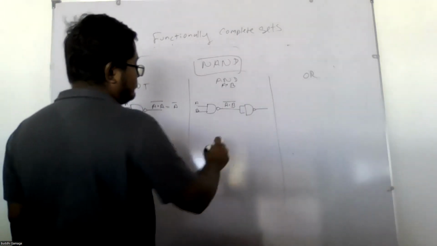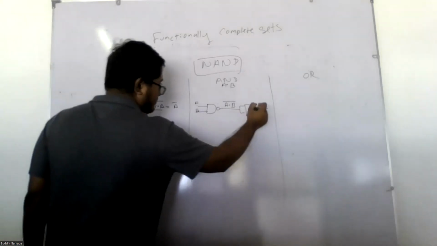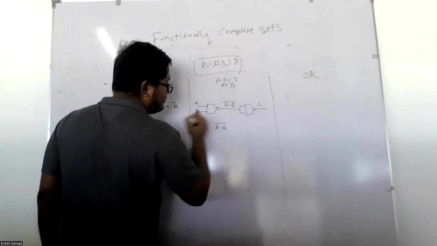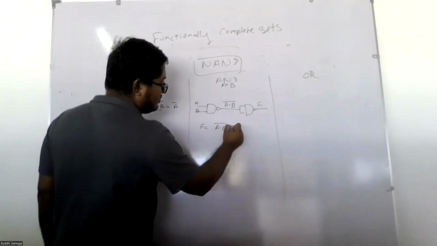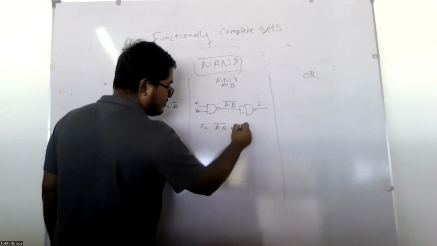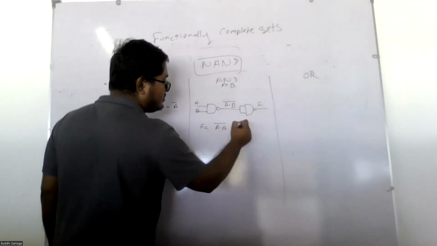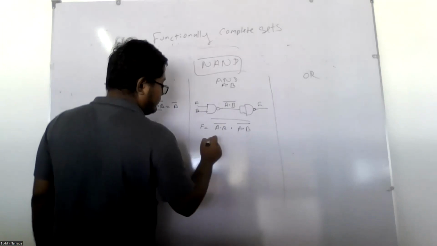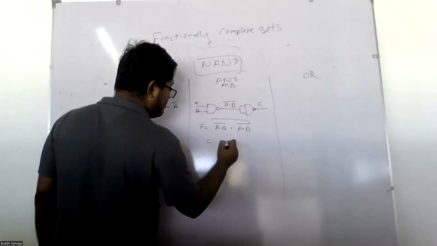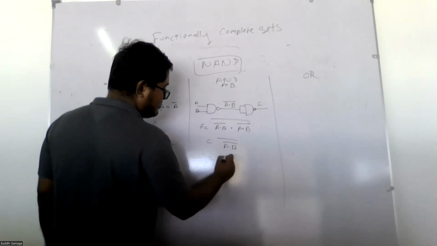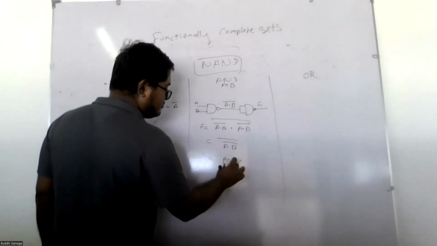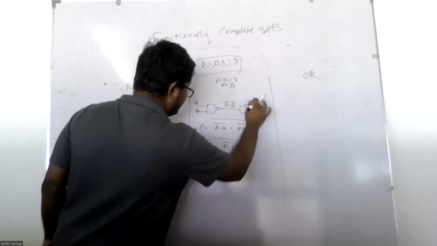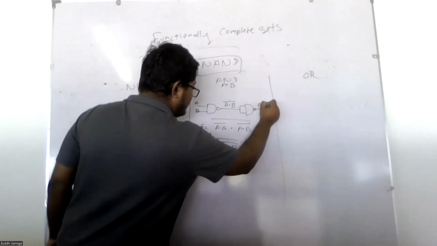So here F is the whole bar of A dot B, into A dot B, whole bar. So we know this is A dot B.